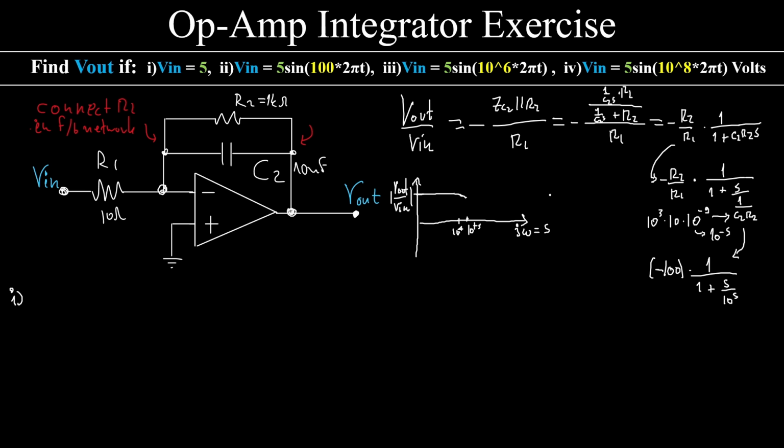And then from that point onward, let's say 10 to the power of 6 onwards, we have the inverting op-amp working as an integrator behavior. We have 1 over s times something, which is the integrating behavior. From one point backwards, we have a low pass filter behavior or low pass amplifier.